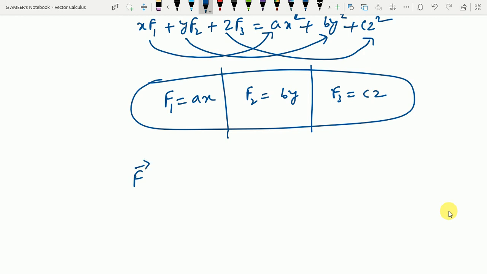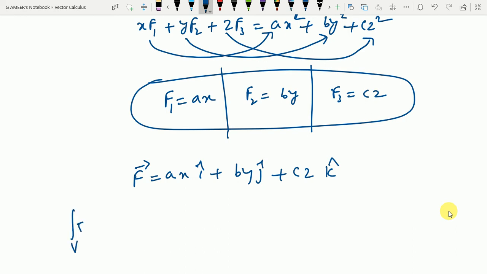So finally f is equal to ax i cap plus by j cap plus cz k cap. Once I know f, then I can perform the Gauss divergence theorem. The left hand side I needed to estimate, that I have simplified, and I got f.